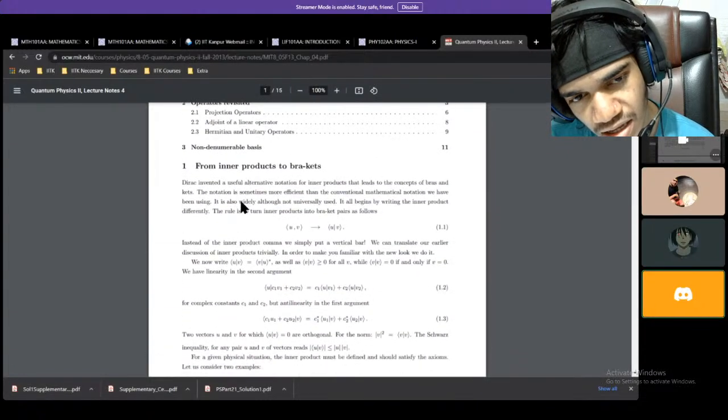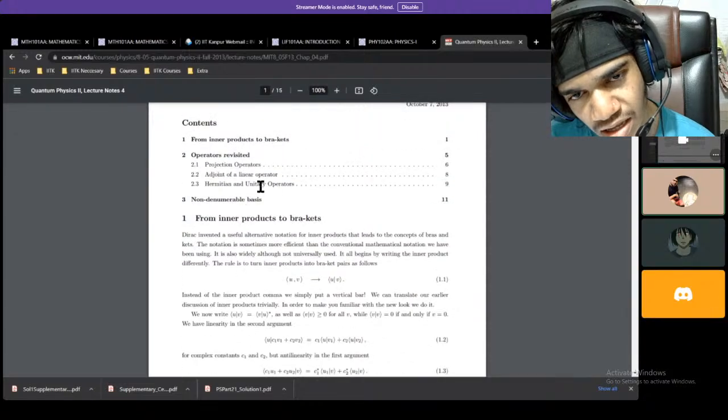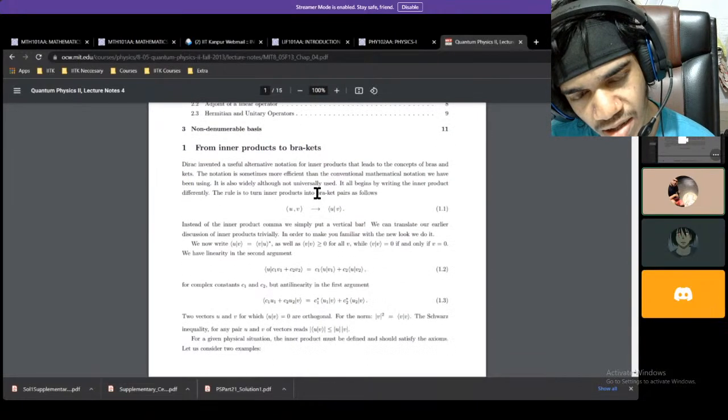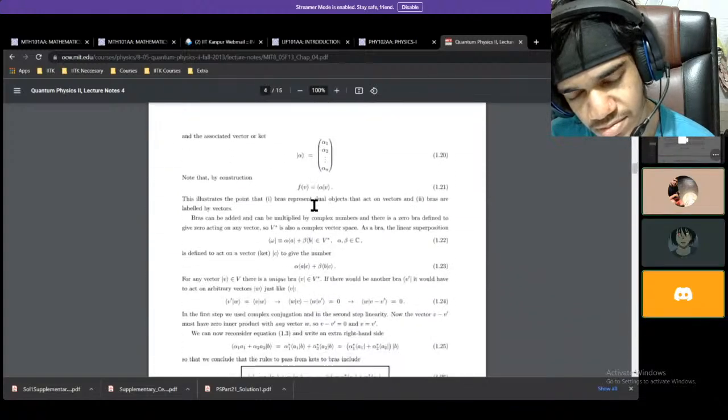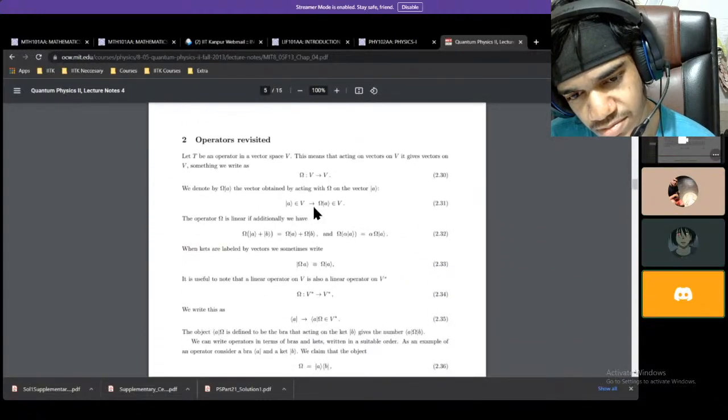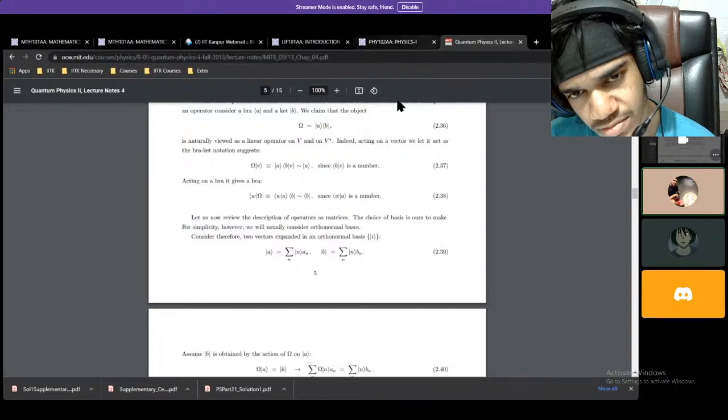Just a sec, I'll tell you the timestamp. The Hermitian and unitary operators are on page number 9 of the notes. I don't remember the year, I think it's 2013.